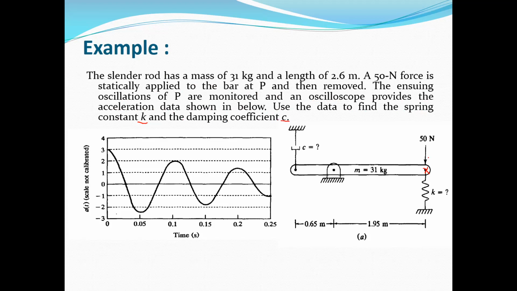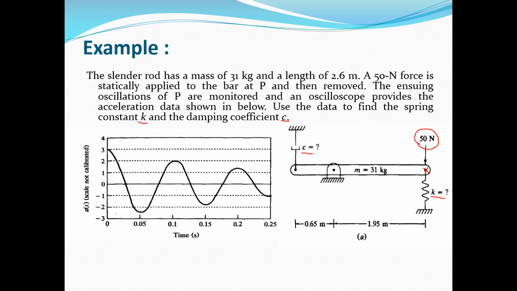So we have this system and we don't have any information about the damping and the stiffness. These are the unknowns, but we have the acceleration graph for this system, which is subjected to this 50 Newton force.